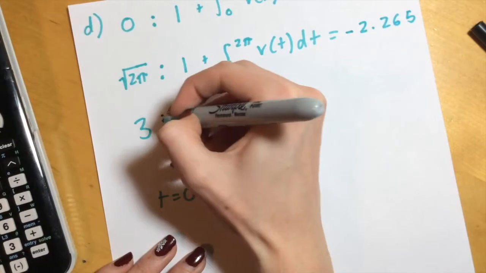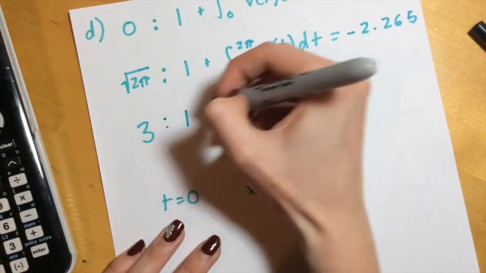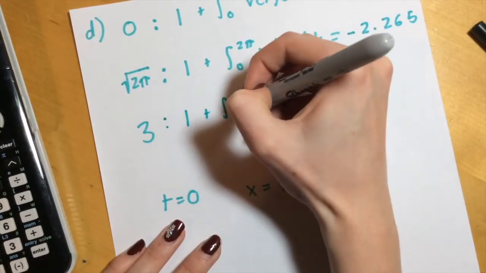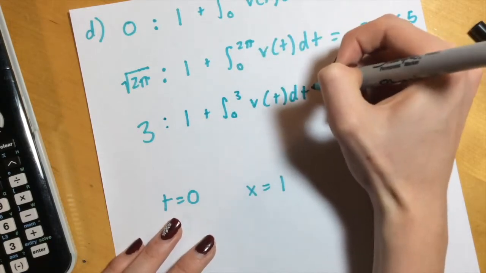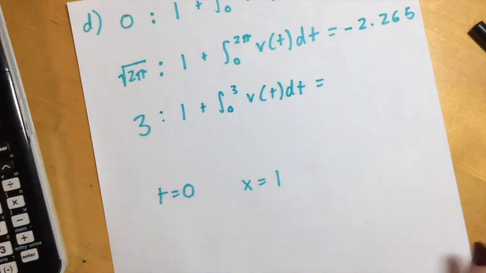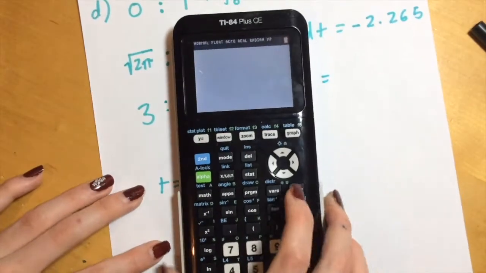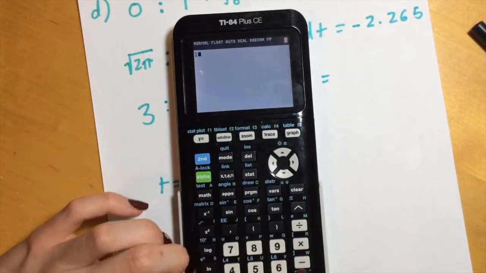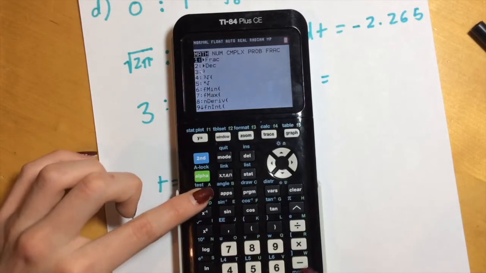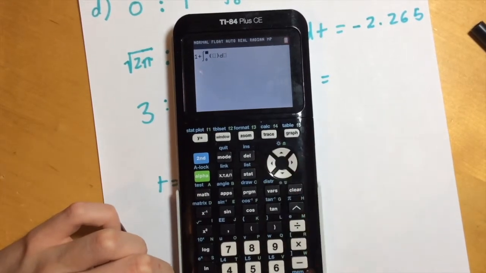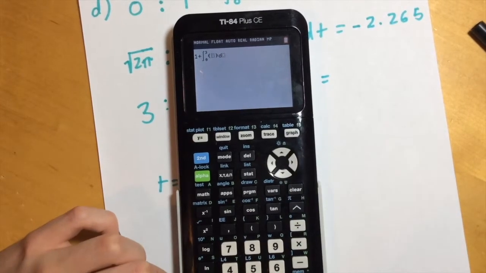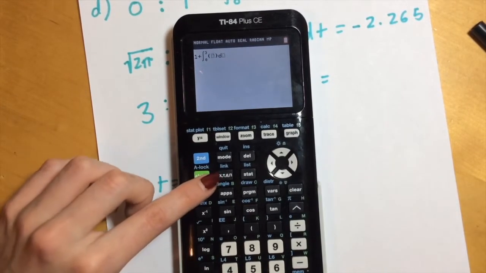So then we're going to do the same thing for 3 and do 1 plus the integral from 0 to 3 of the velocity function. And then, so we can plug this into the calculator, and we're going to do 1 plus math integral from 0 to 3 of the velocity function, so we can just plug that in again.